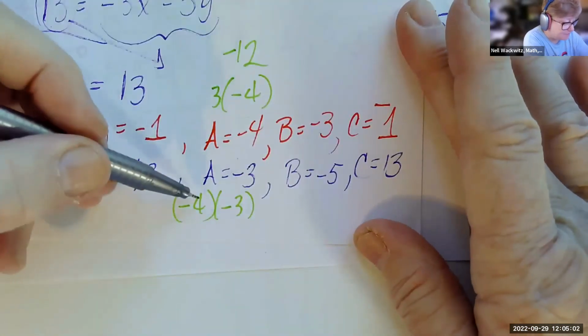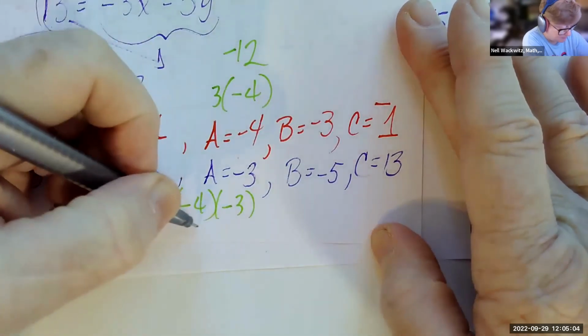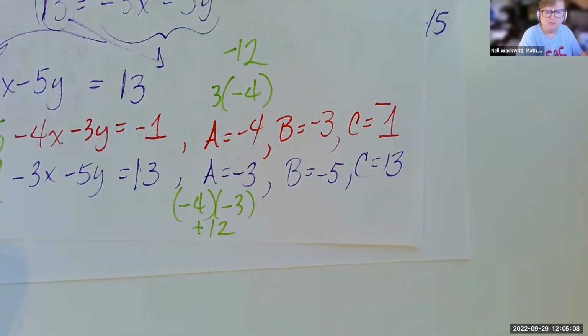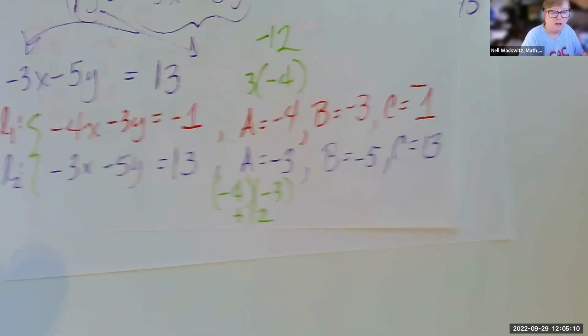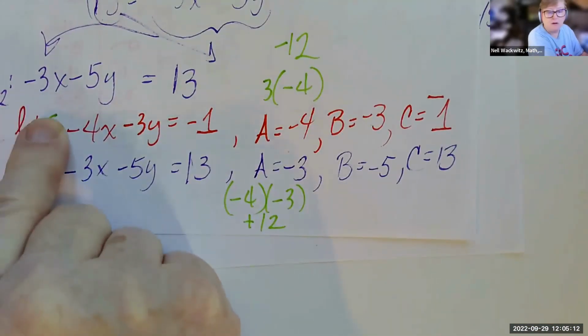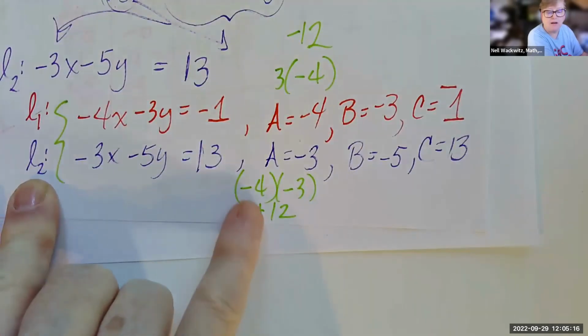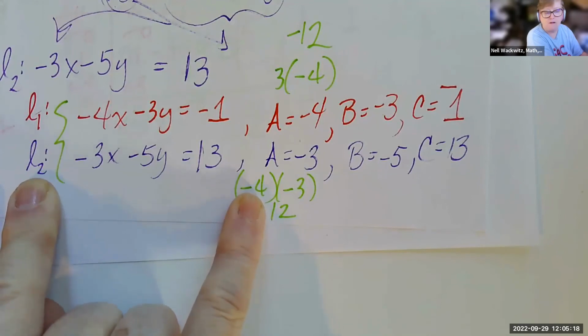Excellent. And -4 times -3, 12. So what I have to do this time is to multiply line 1 by +3 and line 2 by -4.